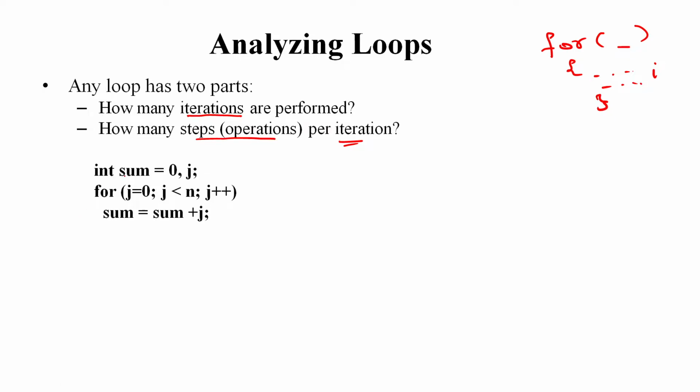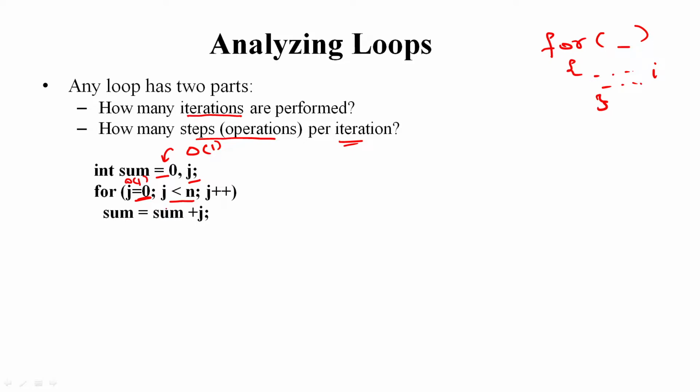For example, here we are declaring the integer variable sum, assigning the value 0, and one more integer variable j. This will consume order of constant time. Then inside the for loop, the initialization also consumes order of constant time 1.